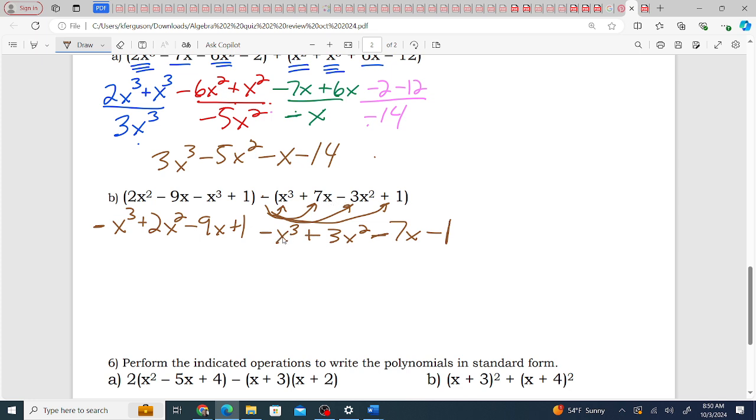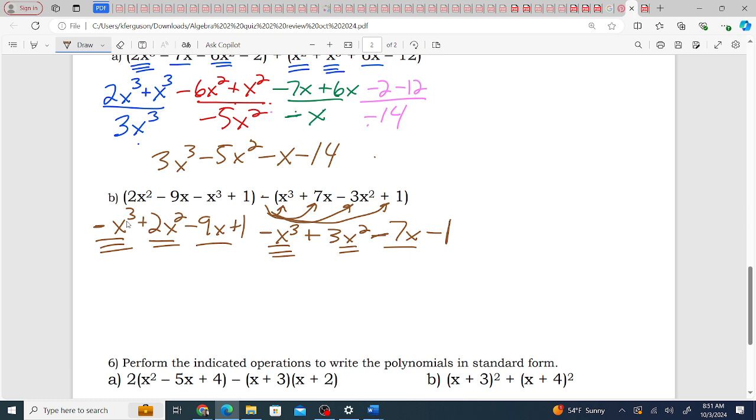I had a negative, I got a negative x to the third power. I got a positive 3x to the second power. I got a negative 7x, and then I've got a negative 1. So I wrote that like that, so it's all in standard form. Now, so now I'm going to put everything together.